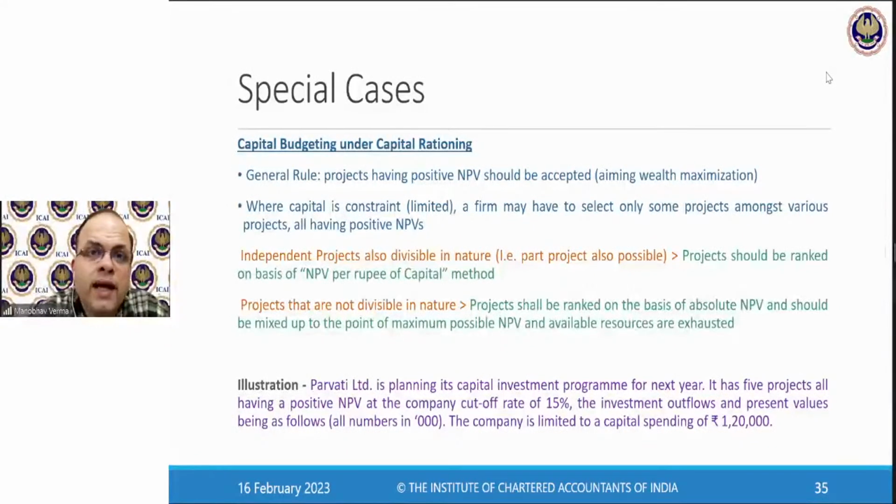However, if my capital is limited, we might not be in a position to select all the projects with positive NPV.